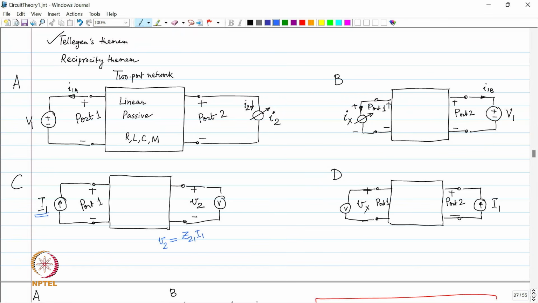And in D, what did you do? You pushed I1 into port 2 and with a voltmeter you measured the voltage across port 1, and this was the same experiment as Z12.